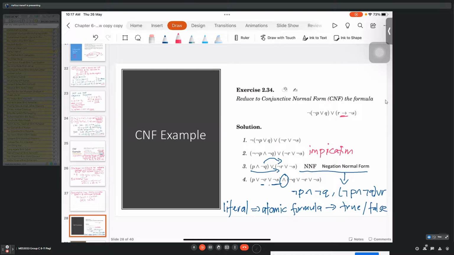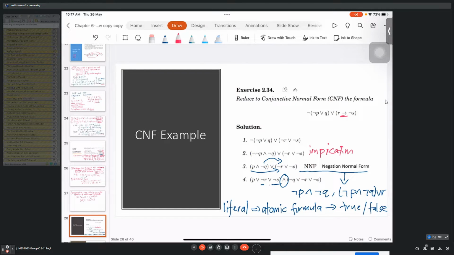Then we have negation normal form. When we put the negation normal form, P and negate Q or negate R or negate S is the same as negate P or negate Q or R.